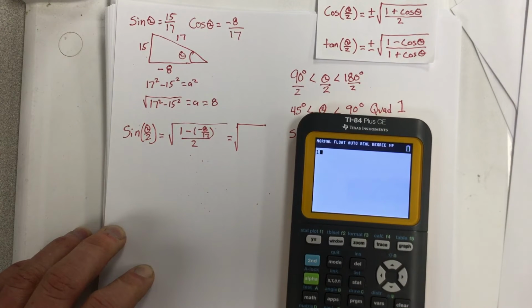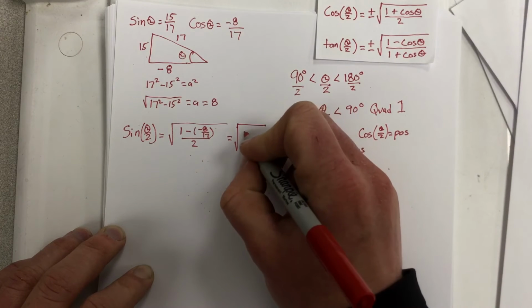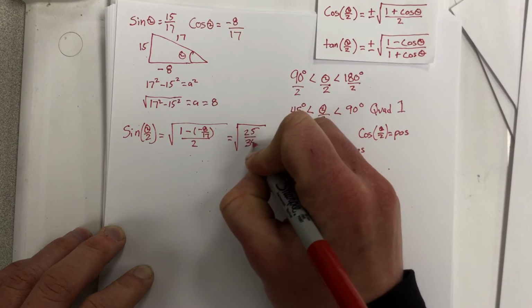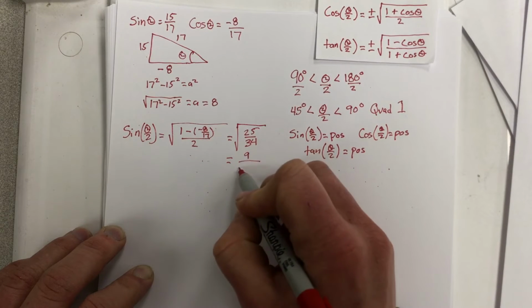So we get 1 basically plus 8 over 17, and we divide that by 2, and we get 25 over 34. So it gives me root 25 over 34, which is equal to 5 over root 34.